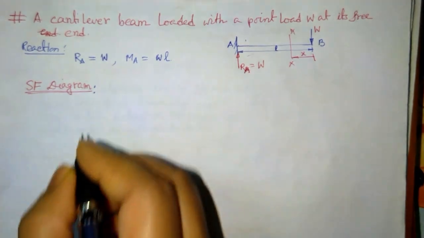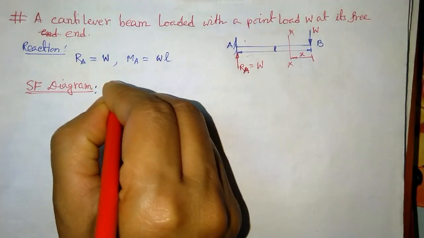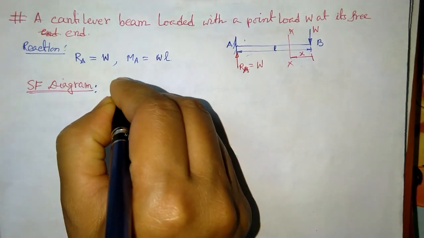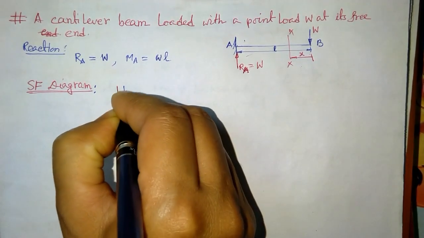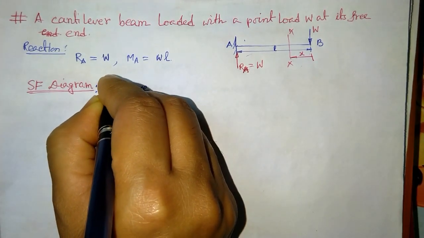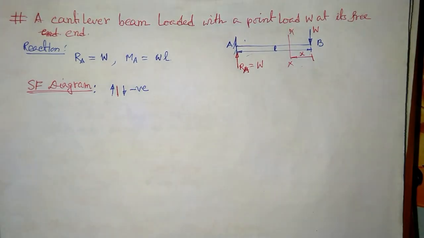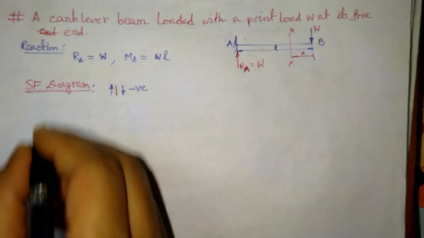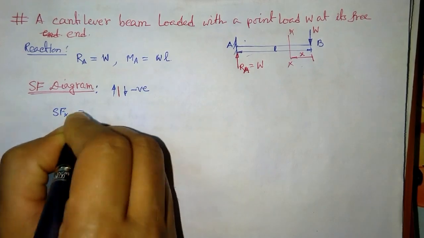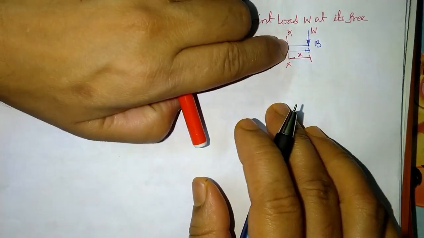So let's see. If downward, we take it as negative, and if upward, positive, or vice versa. So SF at XX, this is our section.